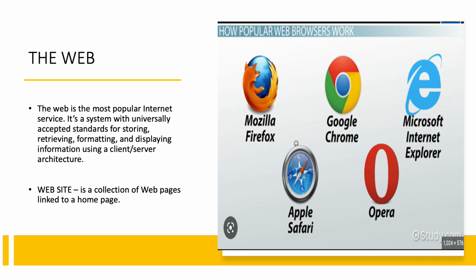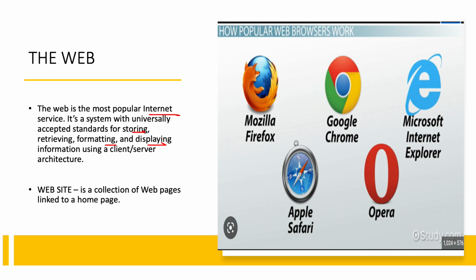Now let's talk about the web. So about 239 million people of all ages use the web all over the world. And the web is the most popular internet service. It's a system with universally accepted standards for storing, retrieving, formatting, and displaying information using a client-server architecture.